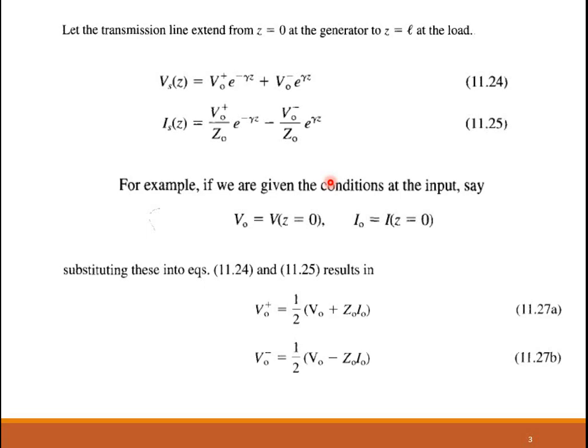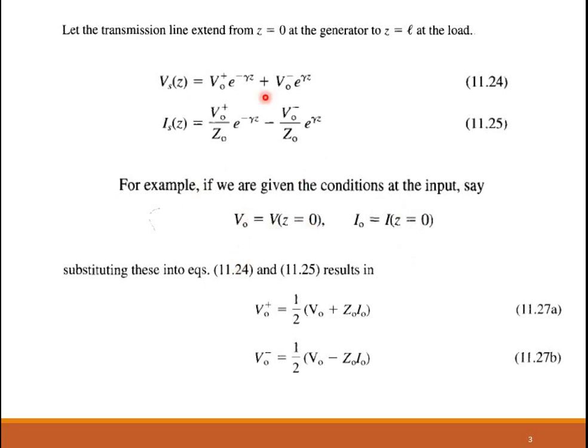In order to find Zin, the first step is that V0 plus and V0 minus have to be determined. To determine V0 plus and V0 minus, we are going to use two end conditions. The first end condition is the one given here.